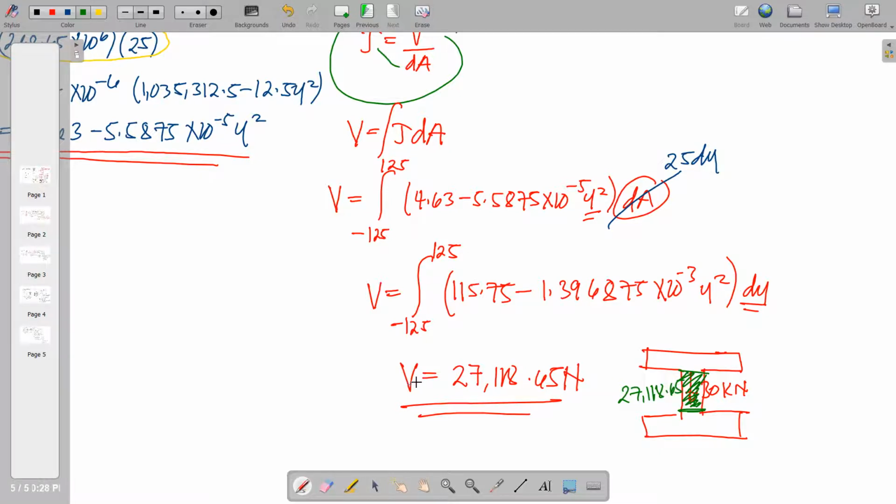So this is the share of the web on 30 kilonewton. And among the rest, it will be carried by the flange.